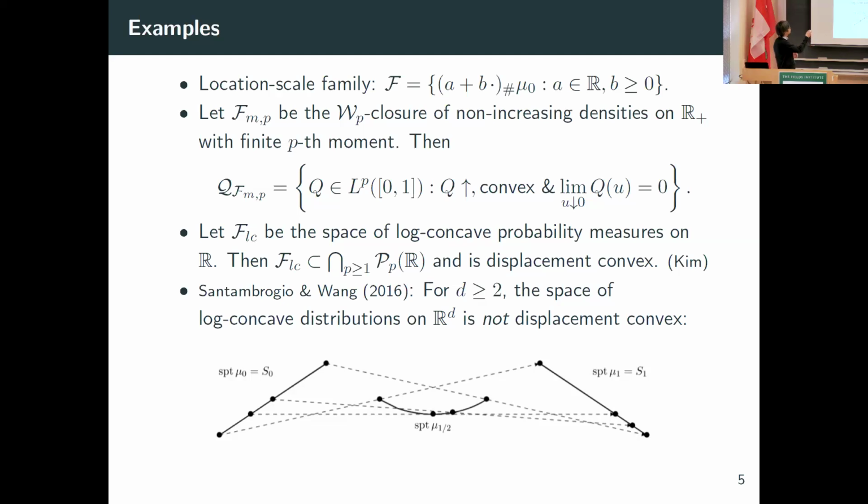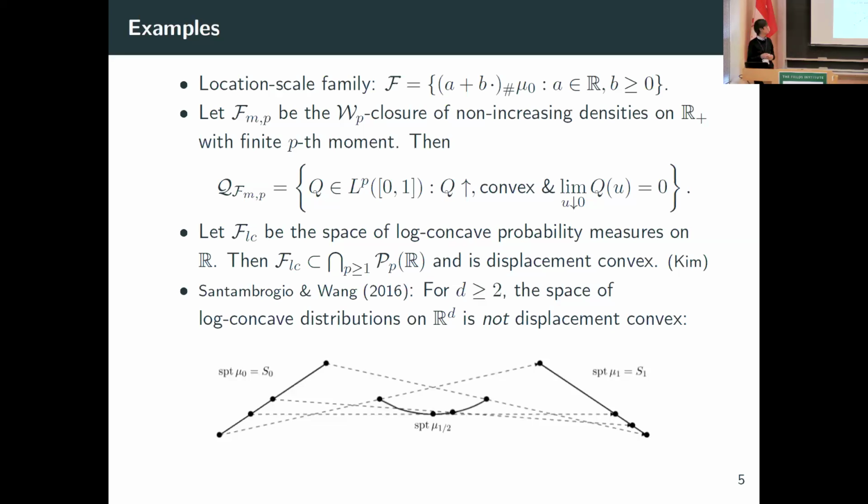But because we are doing the closure, not all distributions in this set are absolutely continuous. It is possible to have a point mass at 0, and then you have a density. But you can also show that if you actually have data that are bounded away from 0, then the projection is always absolutely continuous.